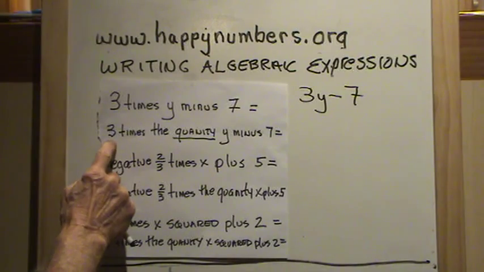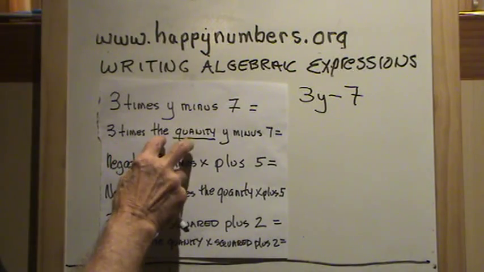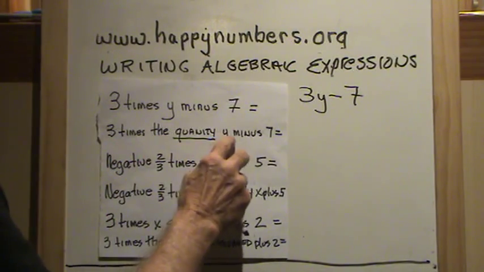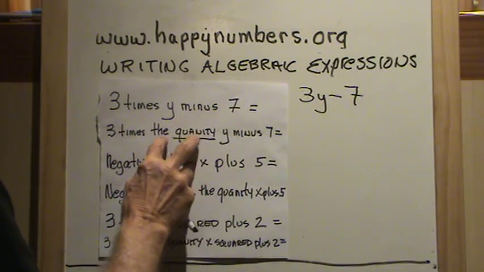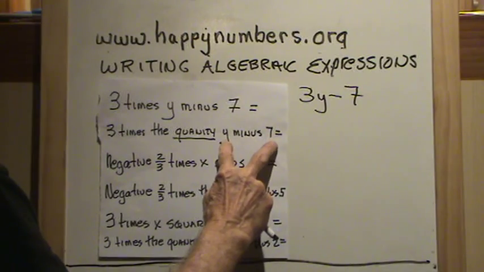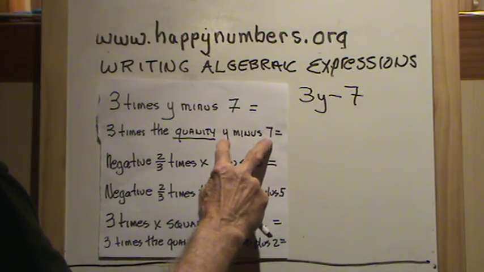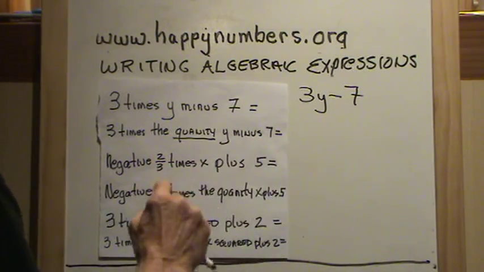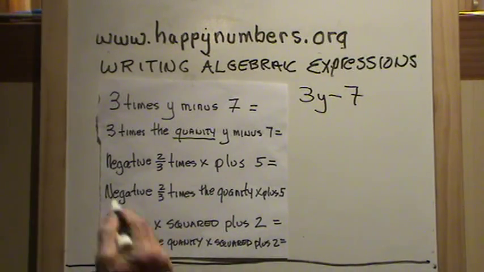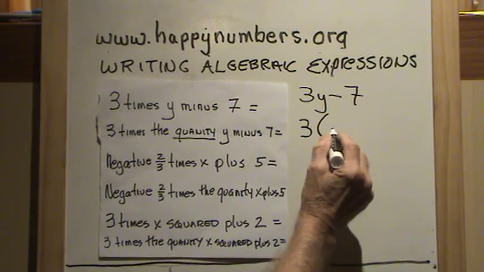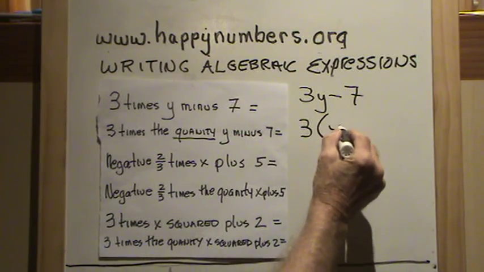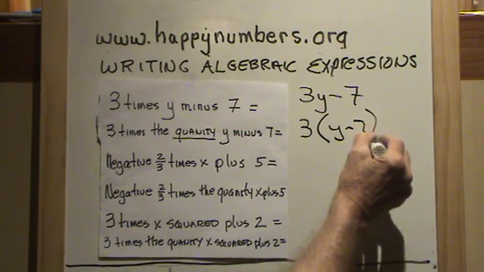Now look at this problem. 3 times the quantity y minus 7. Now when we have the quantity, it means that these two have to be together. Y minus 7, and so we have to use parentheses. So this is 3 times the quantity of y minus 7.